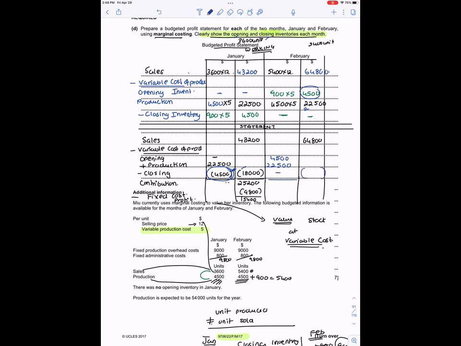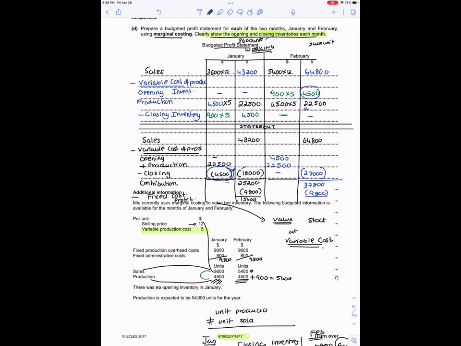So what is my cost of production? $4,500 plus 22,500. It's 27,000. Sales minus production costs. Contribution. Minus fixed costs.